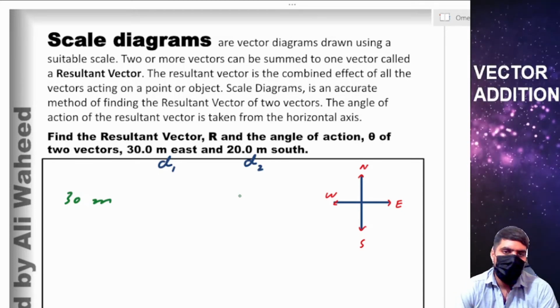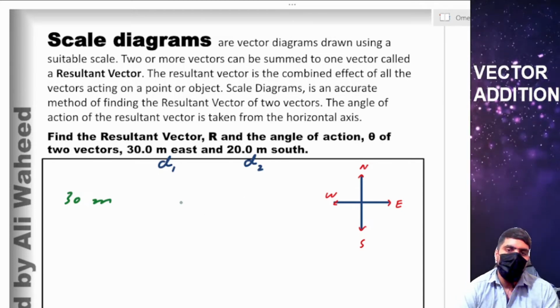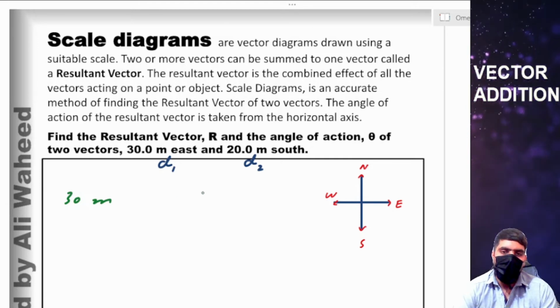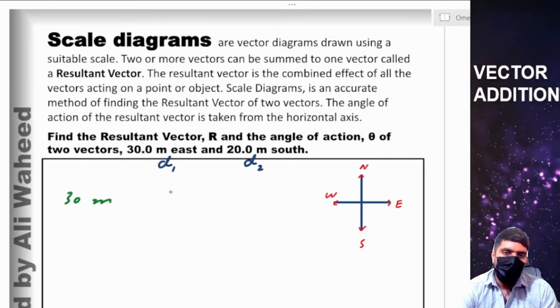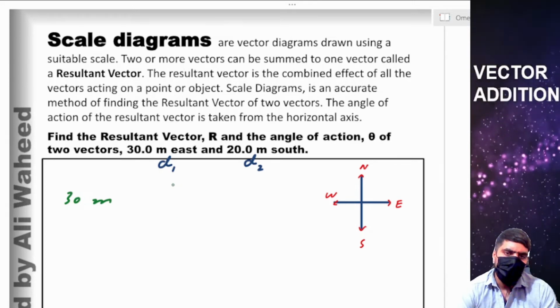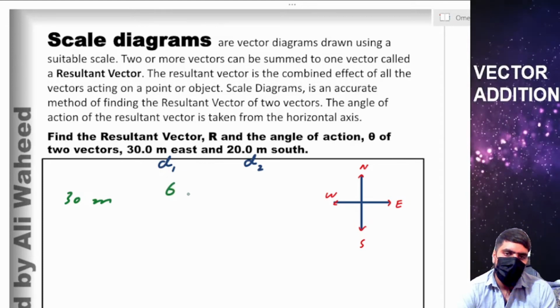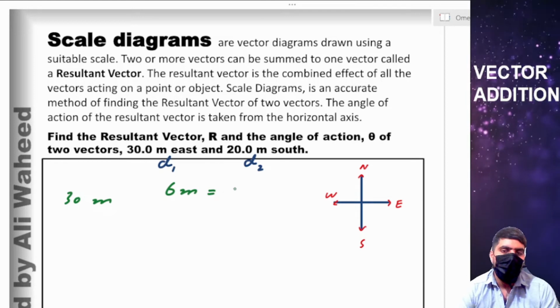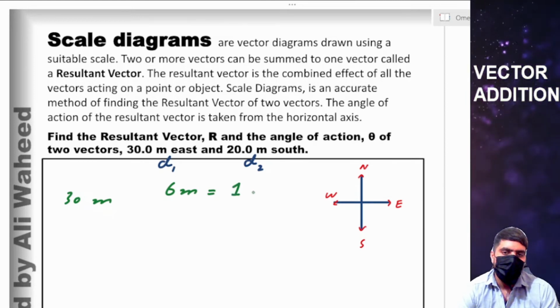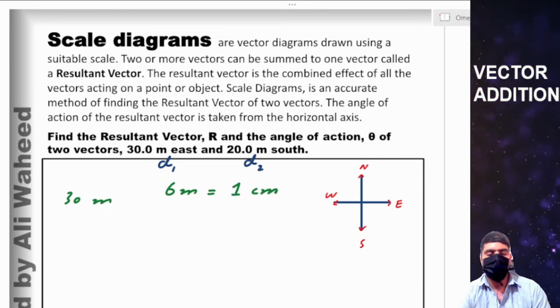So what if I say that while constructing the scale, or the map, every 6 meters I'll be drawing a line of 1 centimeter.